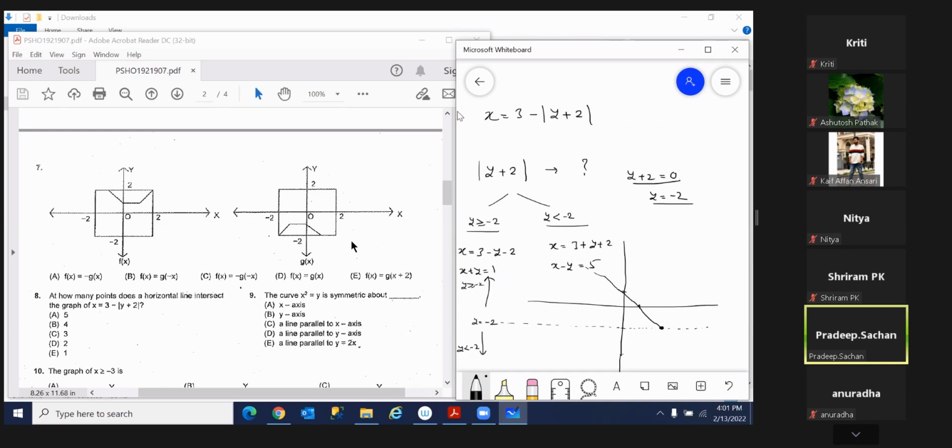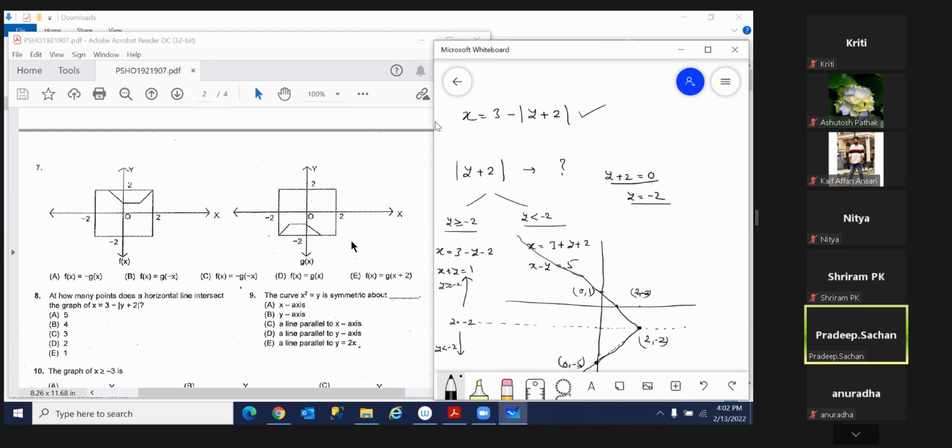9th question. They are saying y is equal to x square. So we know if I want to draw y is equal to x, that will be my y is equal to x line. But if I want to draw the y is equal to x square graph, at x equal to 0, y will be 0, at x equal to 1, y will be 1, at x equal to 2, y will be 4, at x equal to 3, y will be 9.